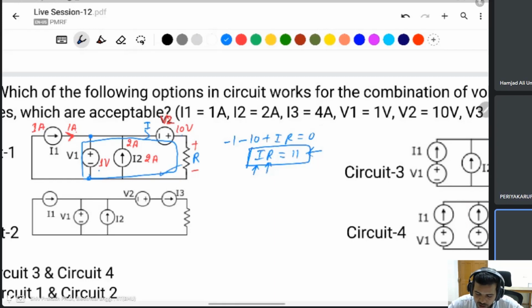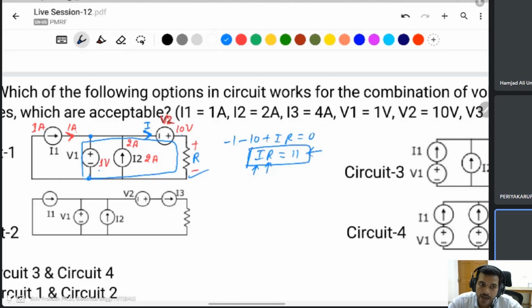Then this circuit will be okay, because there is no defined current and no defined resistance. If resistance is defined and current is not defined, then you can take any current, but the maximum current will be 3. Care about that: the maximum current in this branch is 3 ampere only, because of 2 ampere and 1 ampere.